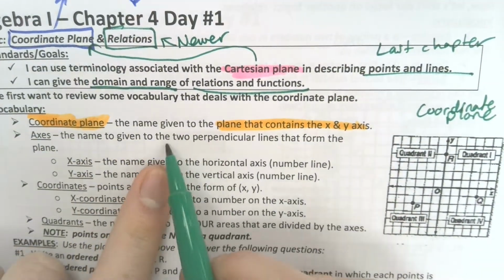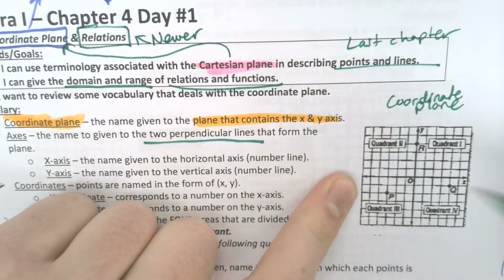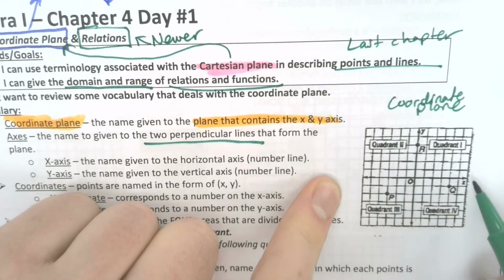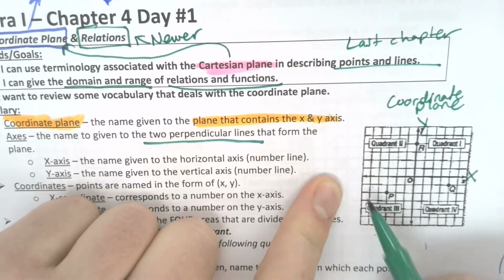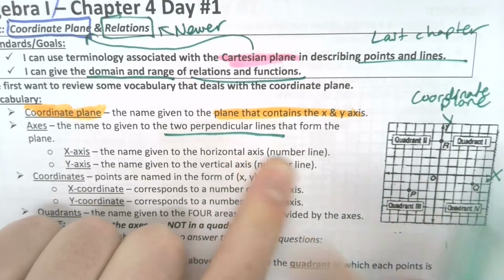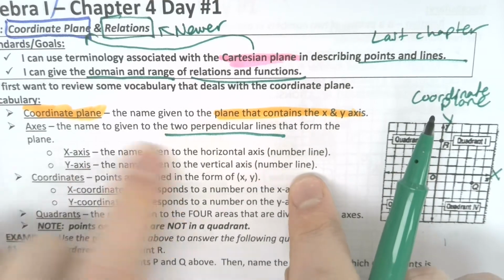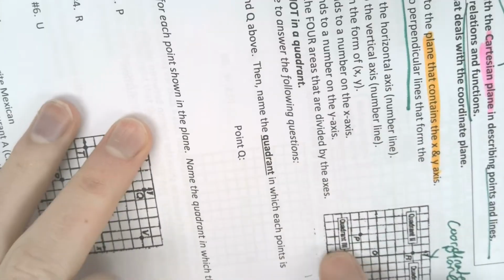It's the name given to the two perpendicular lines. We know perpendicular lines have opposite reciprocal slopes. Here's the x, here's the y. That's the horizontal. We sometimes think of it as like a number line, but also the y-axis could be a number line also if you were to turn your paper sideways.